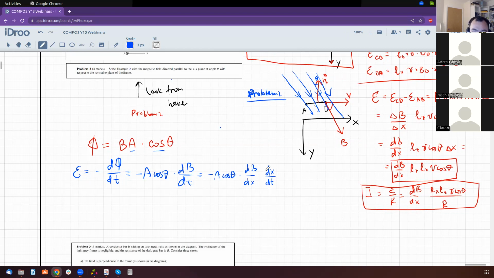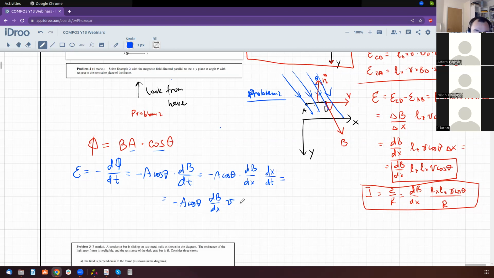We know that dx dt is the velocity and dB dx is given. So it's going to be minus A cos theta dB dx multiplied by the velocity.